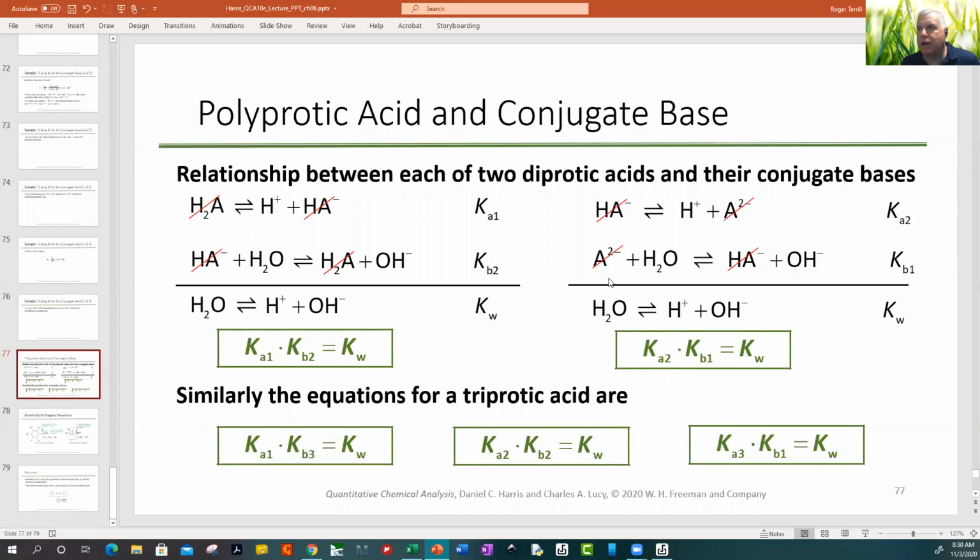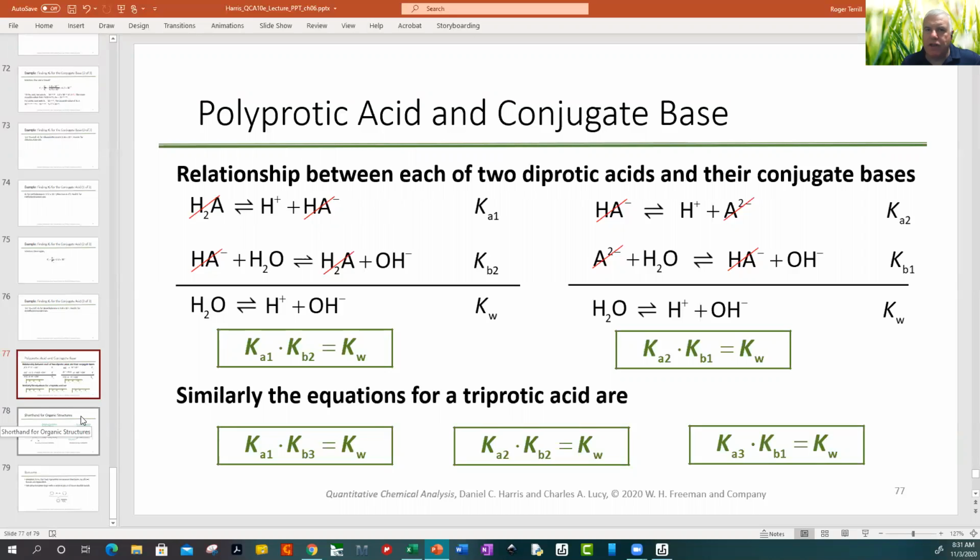If it doesn't make sense, just make sure that when you multiply the Ks, all the species except H plus and OH minus cancel, and Kw is what H2O makes. For a triprotic acid, it's 1 and 3, 2 and 2, and 3 and 1. So don't worry about that too much.